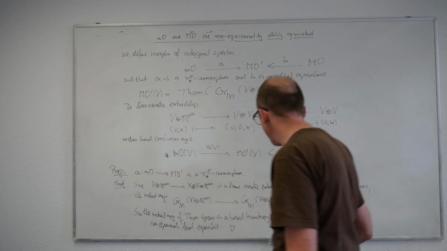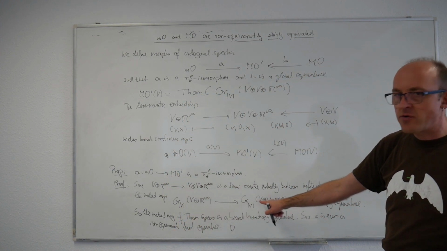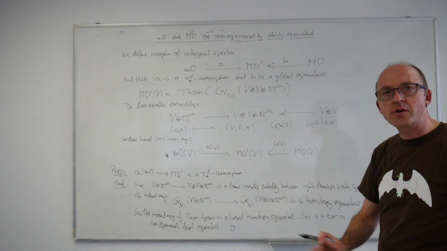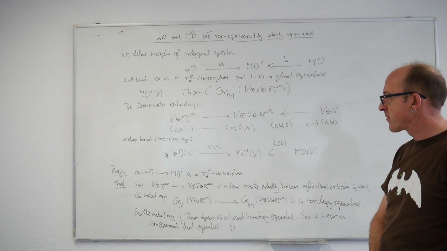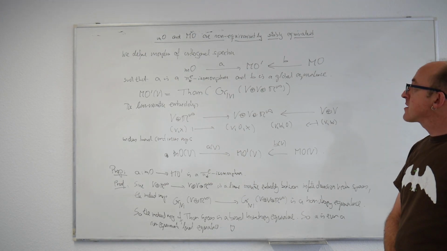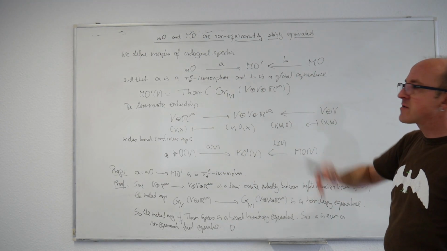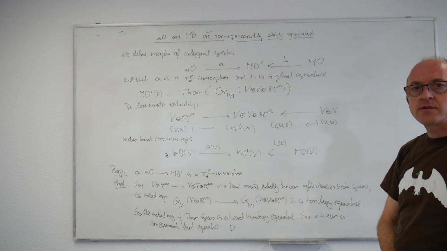But all of this works because we're ignoring the fact that the orthogonal group of V also acts, we're only considering all of this non-equivariantly. That's the proof of the first claim, and now it remains to prove that this is a global equivalence.